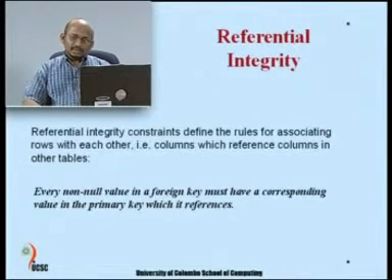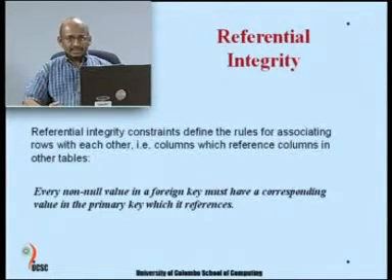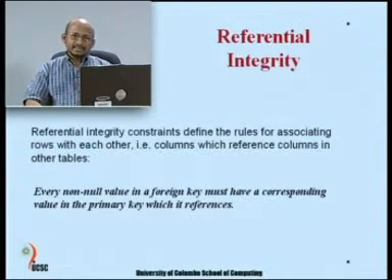So, the next aspect we are going to look at is referential integrity. Now, earlier we mentioned primary keys mainly to identify data uniquely, and with referential integrity we are linking some data with the primary key, in most cases of another table.